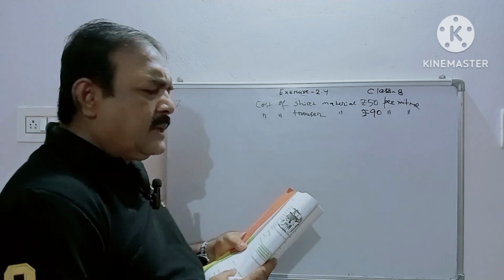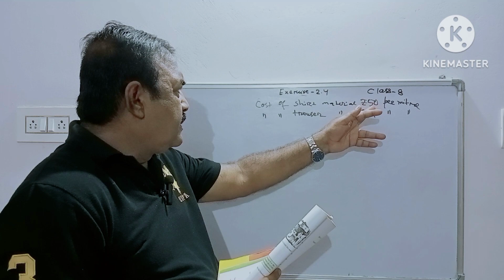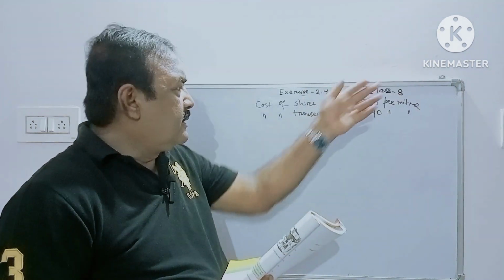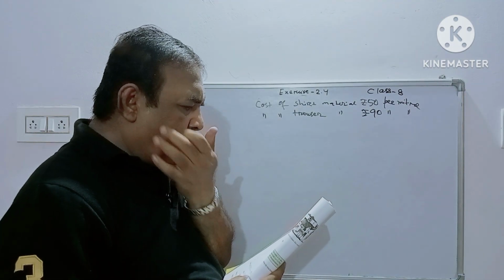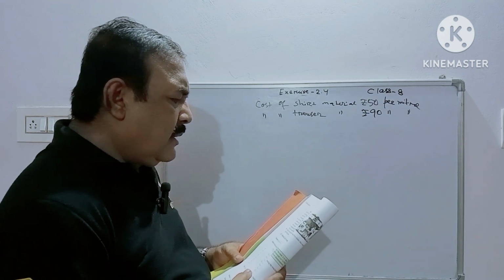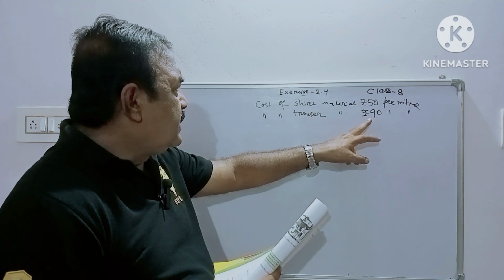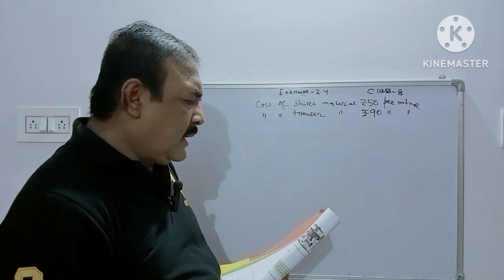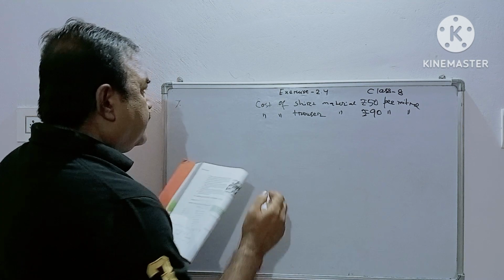So he sells the materials. When at this cost he buys, he also sells these materials. But he sells the shirt material at 12% profit, and when he sells the trouser material, which he has bought at 90 rupees per meter, he sells it at 10% profit, and the total sale is given.